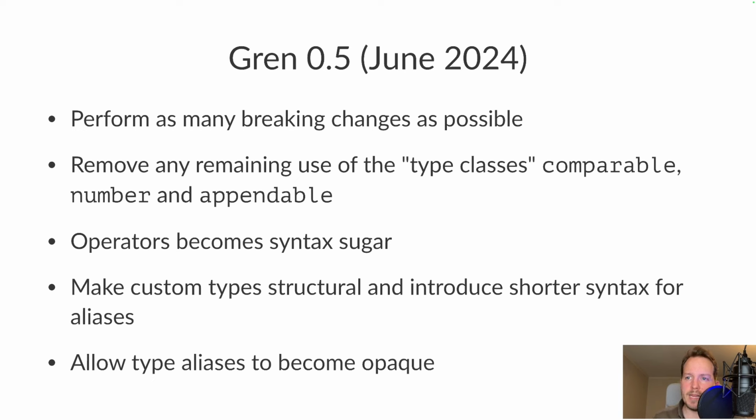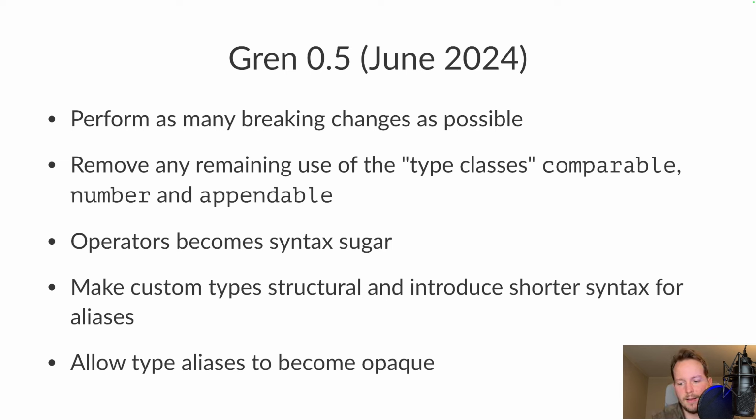And so I already have a plan for what Gren 1.0 will look like. I'm trying to fit all the breaking changes necessary into Gren 05. Now that doesn't mean that Gren 05 will essentially be Gren 10. It just means that every syntax that I know I will have to break, I will try to break.